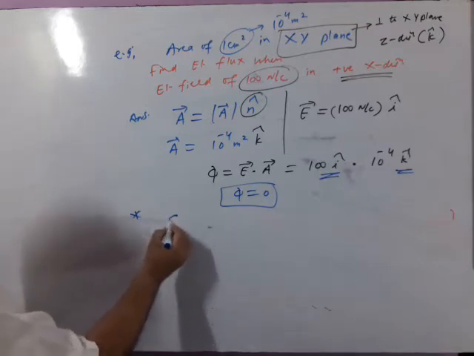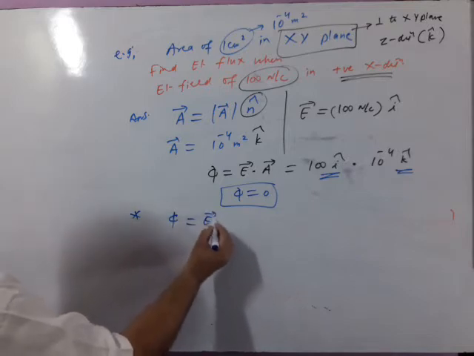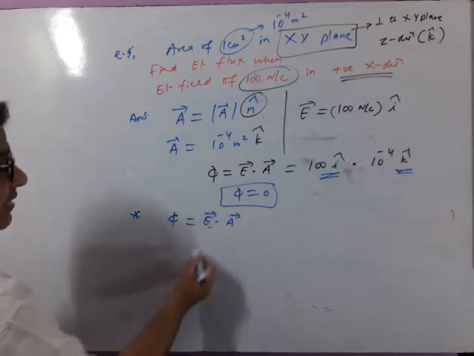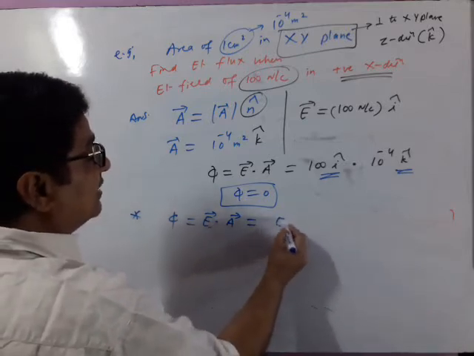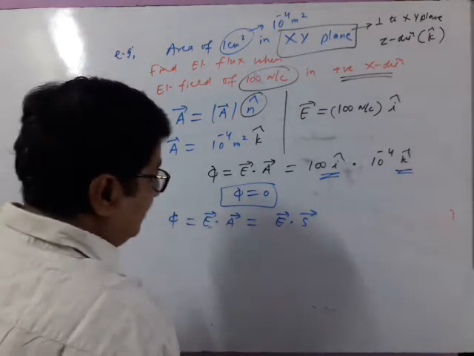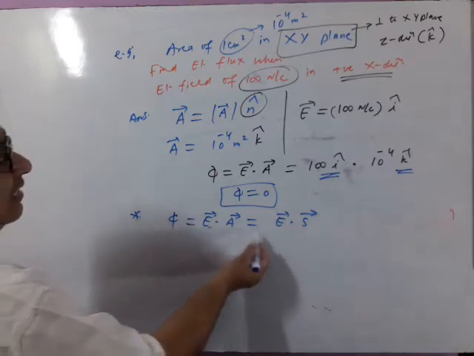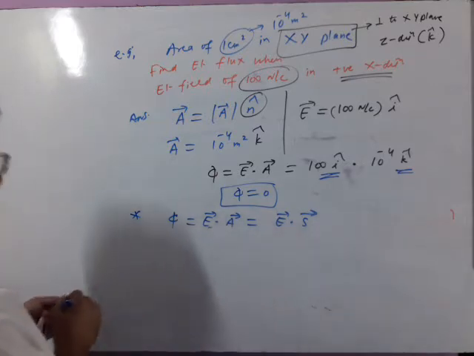Now you know, this flux which is written as E vector dot A vector can also be written as E vector dot S vector. You may write the area vector as A vector or S vector, surface area vector.